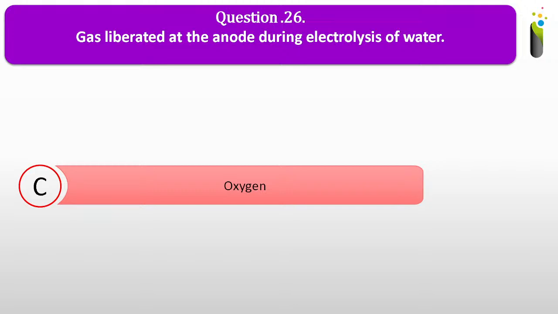The answer is oxygen. So the gas liberated at the anode during electrolysis of water is oxygen.